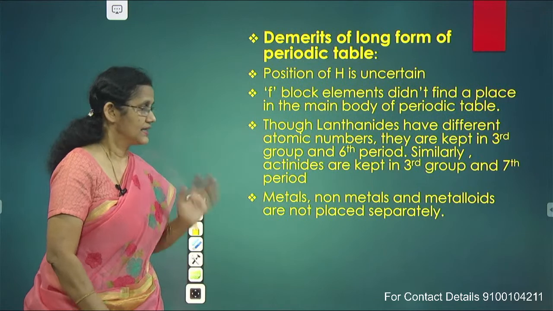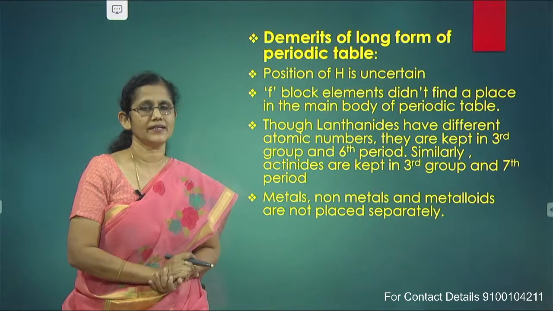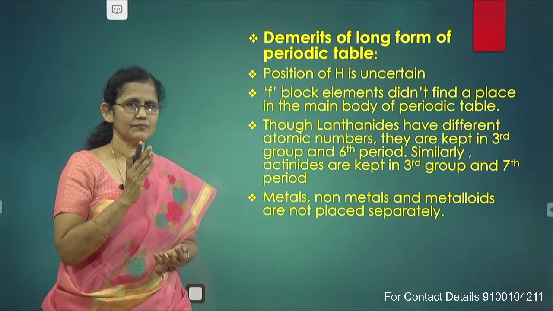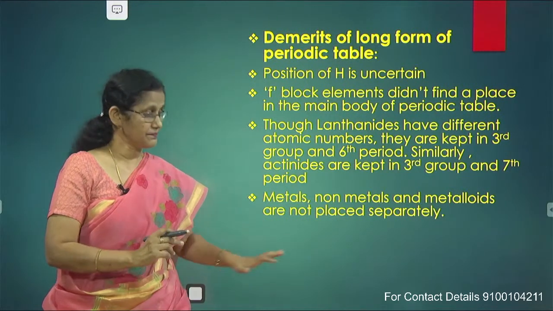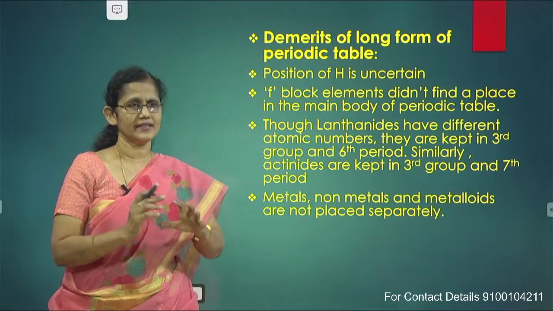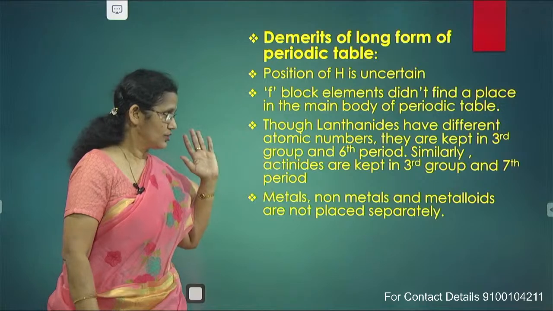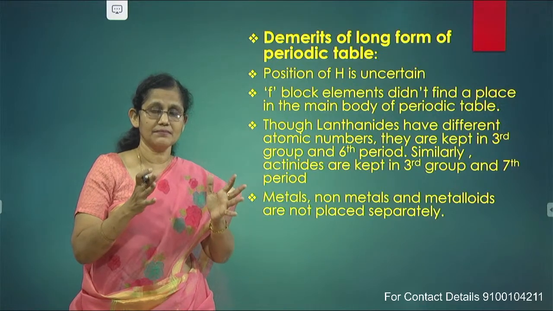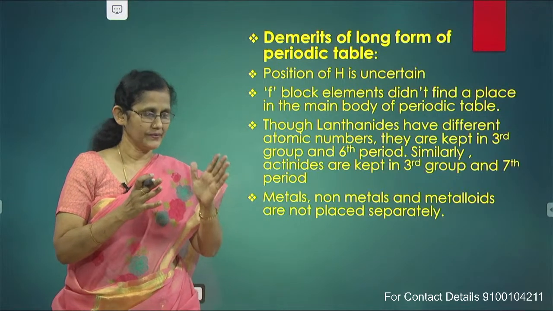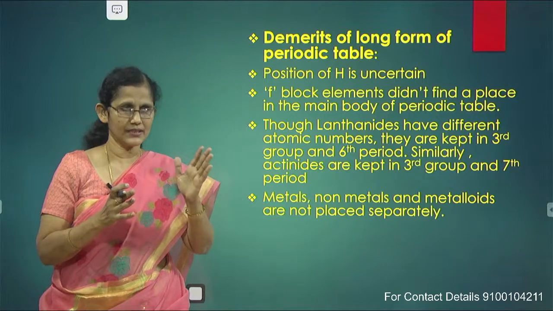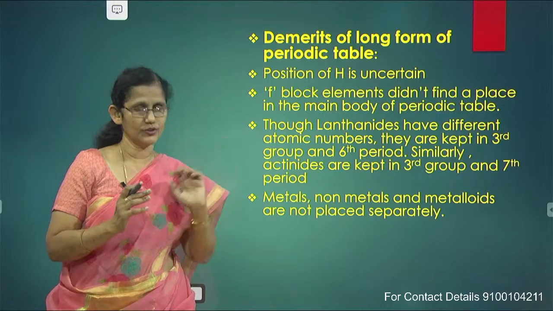Now you see F block elements, they did not find a correct position in the long form of periodic table. When I think about F block elements, they should be placed along with lanthanum, but they are placed separately, right. So they did not find a main place in the main periodic table, and though lanthanides have different atomic numbers from cerium to lutetium, 58 to 71, they are all placed in 6th period in 3rd group.